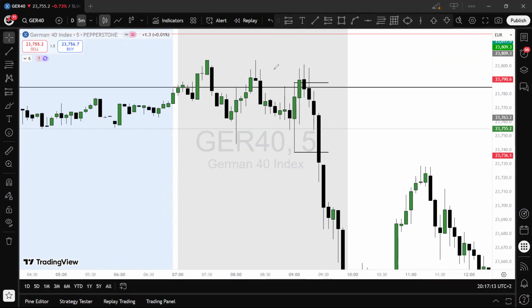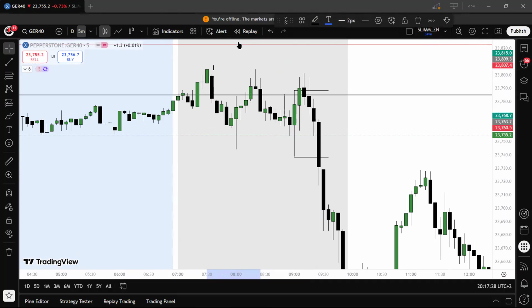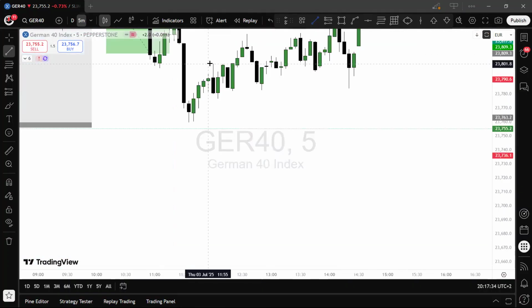What I want you to see here is we've got this liquidity sweep. Let's see if this high is broken. Okay, it's actually my network.